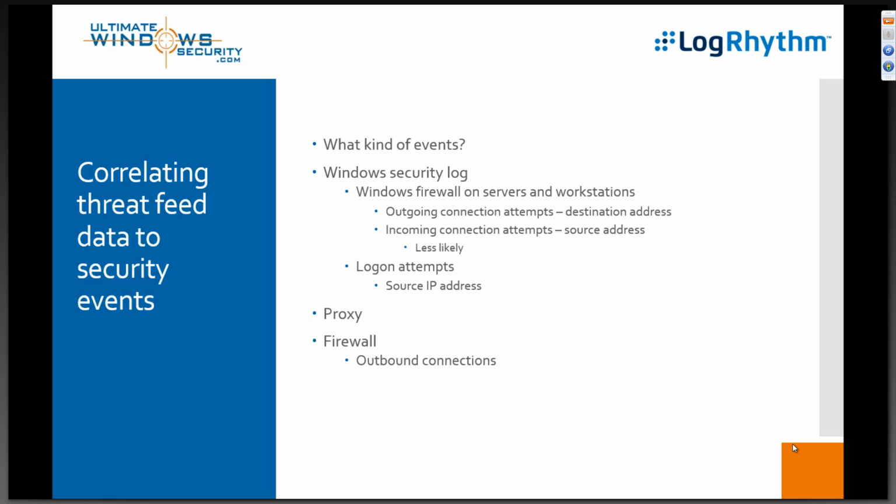Incoming attempts are less likely to be something you would detect, because most of what we're dealing with today are botnets where an agent, an APT, has been installed on one of your endpoints and it's phoning home to a command and control server. There's less of the other direction, where somebody on the internet is actively trying to break into your network through an incoming connection. We've gotten pretty good at blocking that today. And I'm going to show you some examples of those events.